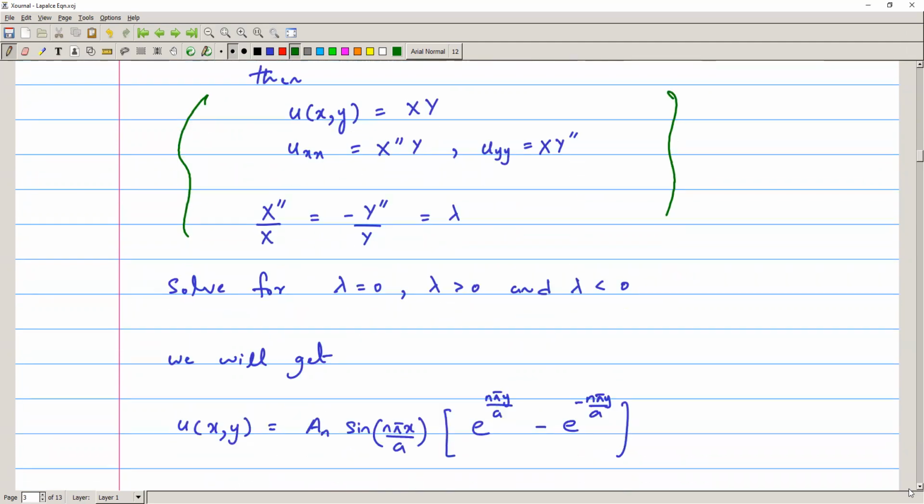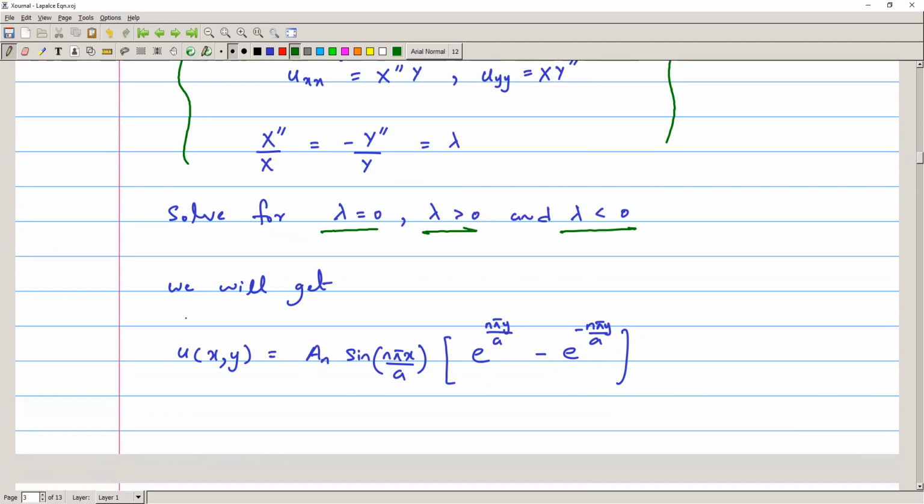And now we will solve for 3 cases: lambda equals 0, lambda greater than 0, and lambda less than 0. We already know that for case 1 and case 2 we have trivial solutions, so we just need to work for case 3. So here the solution will be in this form, where we will apply case 3.